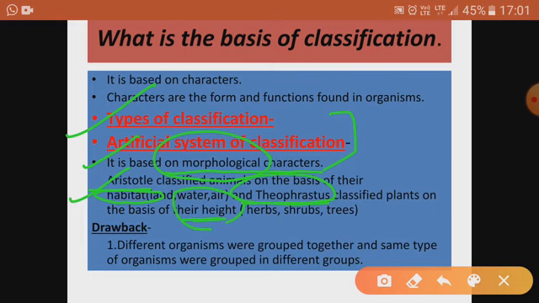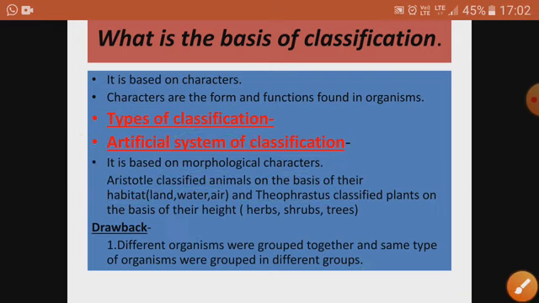But this is not the right way of classifying animals or plants, because we are focusing only on one character, that is morphological character. So it can be wrong. What are the disadvantages or drawbacks of this kind of artificial system of classification?